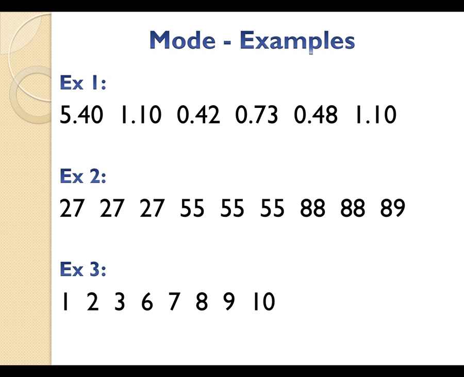Example 2, we have 27, 27, 27, 55, 55, 55, 88, 88, 89. What is or are the mode or modes? 27 and 55, because they both show up 3 times. Are 27 and 55 necessarily a good measure of the center of the data?